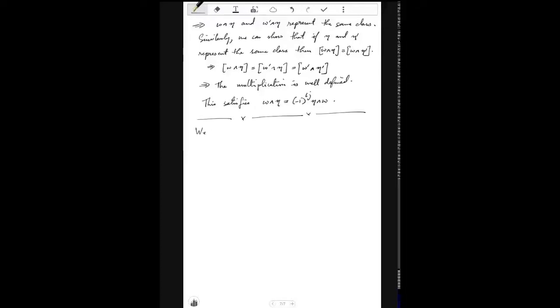So we can ask several questions about the de Rham cohomology ring.